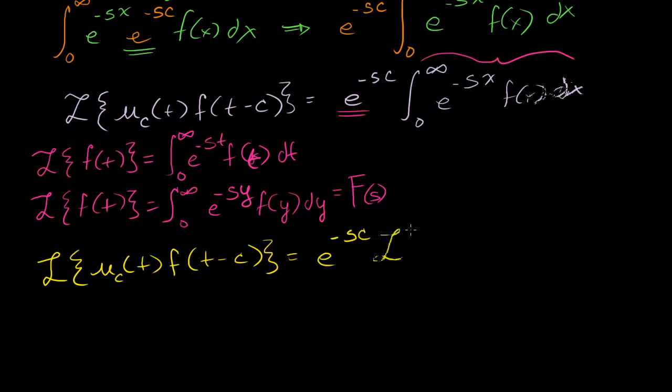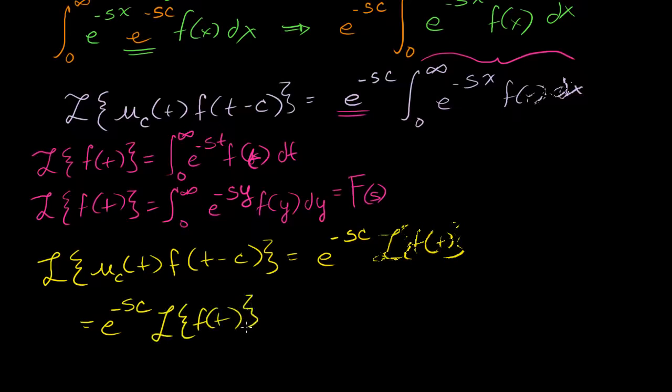I don't know what's going on with the tablet right there. Let me write that. This is equal to e to the minus sc times the Laplace transform of f of t.